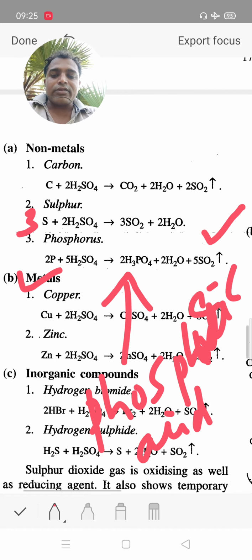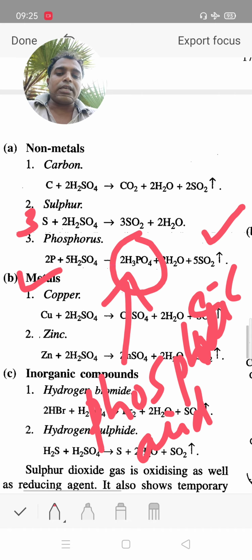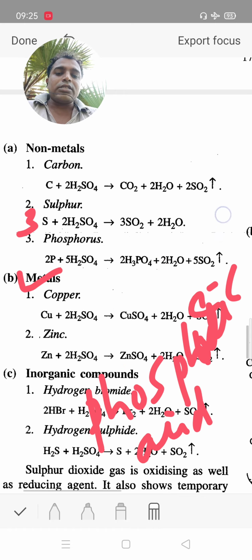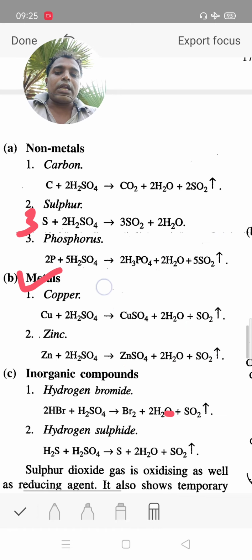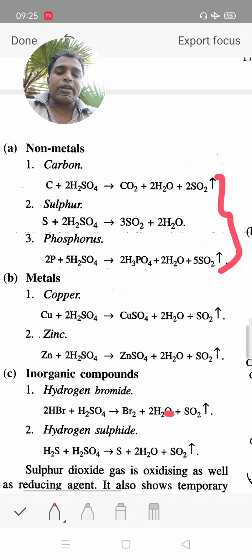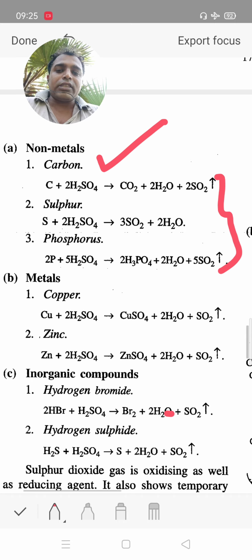When phosphorus reacts with sulfuric acid 5 times, and we use phosphorus 2 times, we get 2 times phosphoric acid, 5 times sulfur dioxide and 2 times water. In these reactions, carbon, sulfur and phosphorus, all 3 are non-metals. When non-metals react with sulfuric acid, it acts as an oxidizing agent.